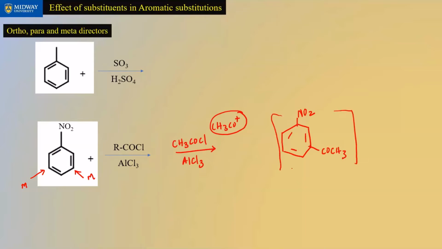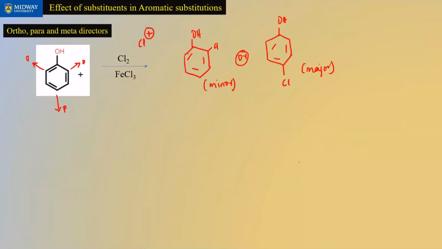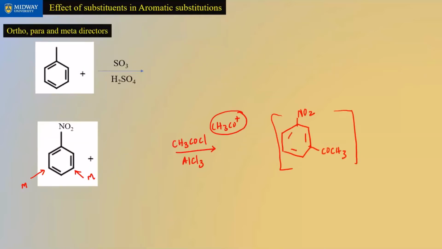So practice this, okay? Practice that. I've already done this for you. And then practice these as well. Now, all of these, if you notice, we've done only one substituent, okay?